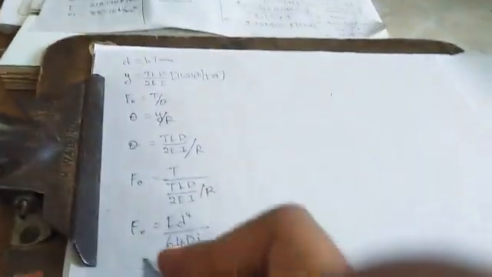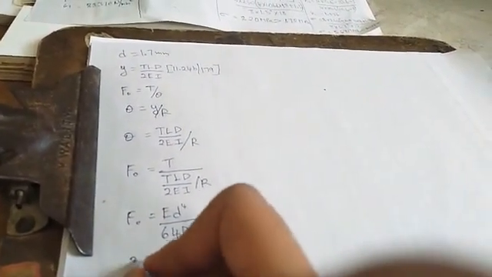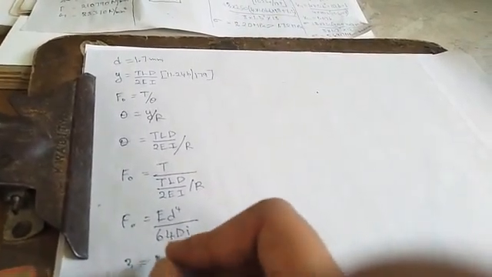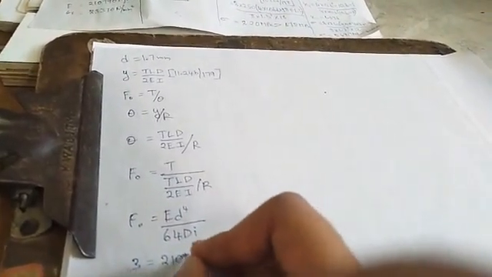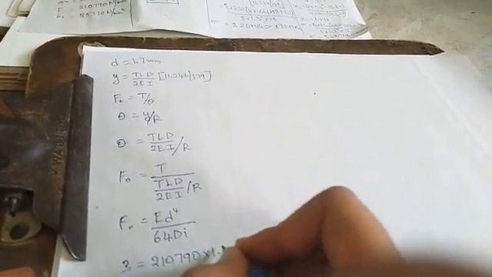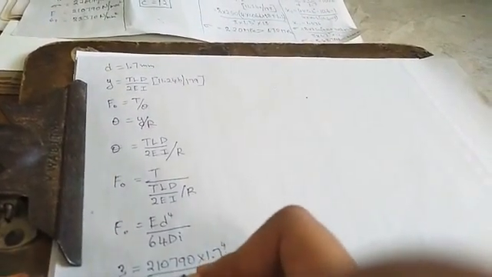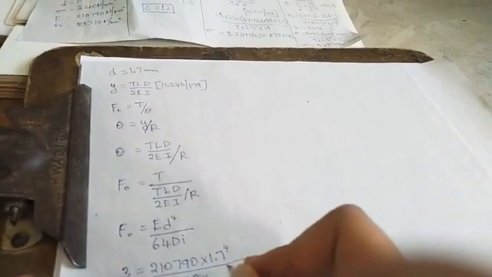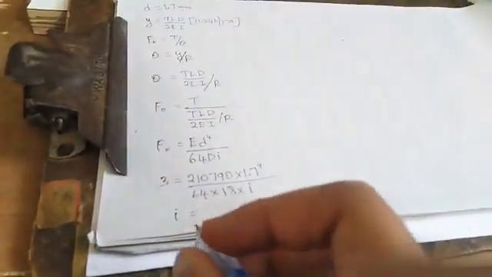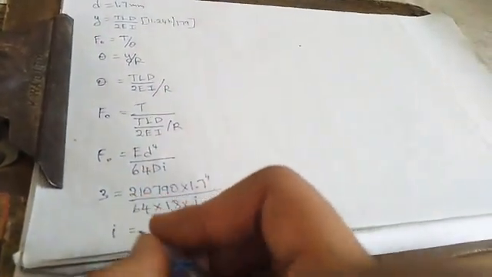In the question they have given F naught as 3 Newton mm per radian, and E we have taken from the data handbook. So the number of turns I can find out is 509.4 turns.